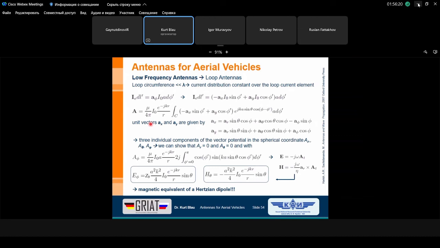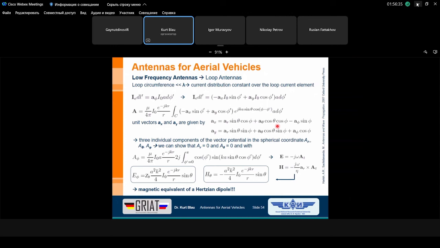This is only, let's say, the sum of all the components which we can see or can find here in spherical coordinates.